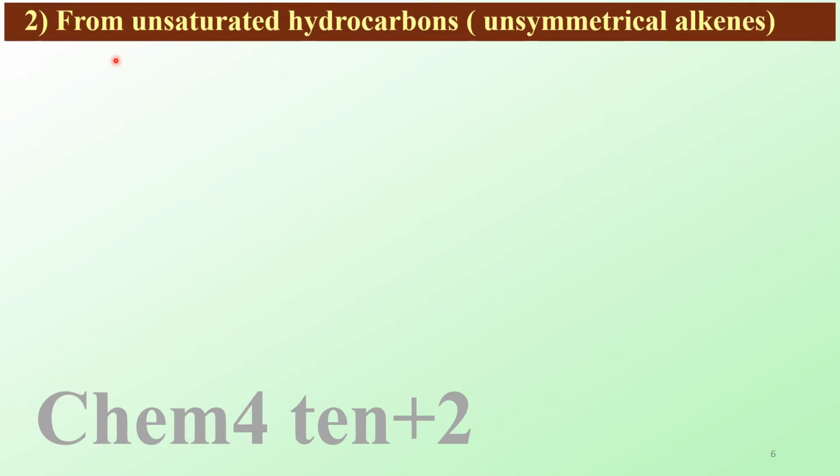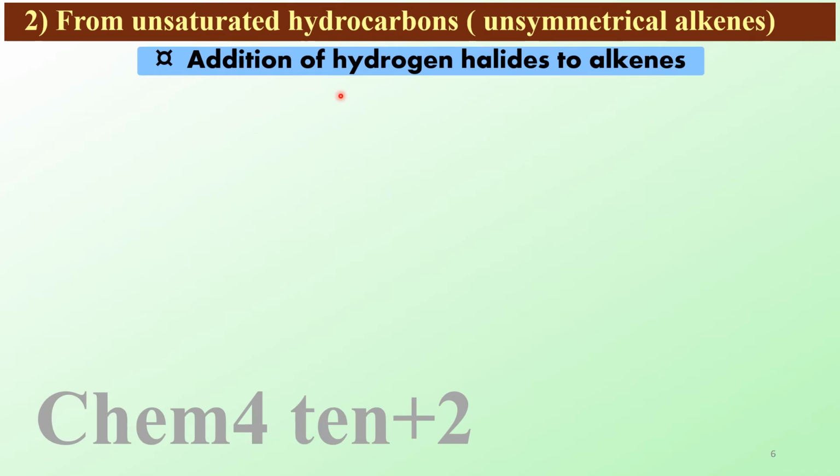Here we are using unsaturated hydrocarbons, that is alkenes which contain a carbon-carbon double bond, and the alkenes which we are using here are unsymmetrical alkenes. Addition of hydrogen halides to alkenes.